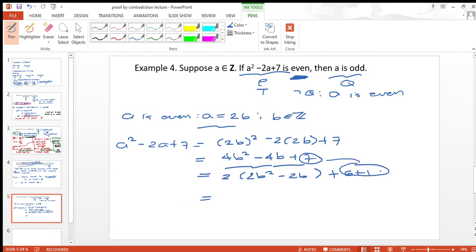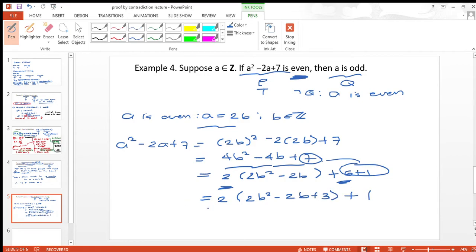So why am I doing that? If that's 6 plus 1, we can now factor out 2 from this expression and from 6. This gives us 2 multiplied by 2B squared minus 2B plus 3, and then plus 1.